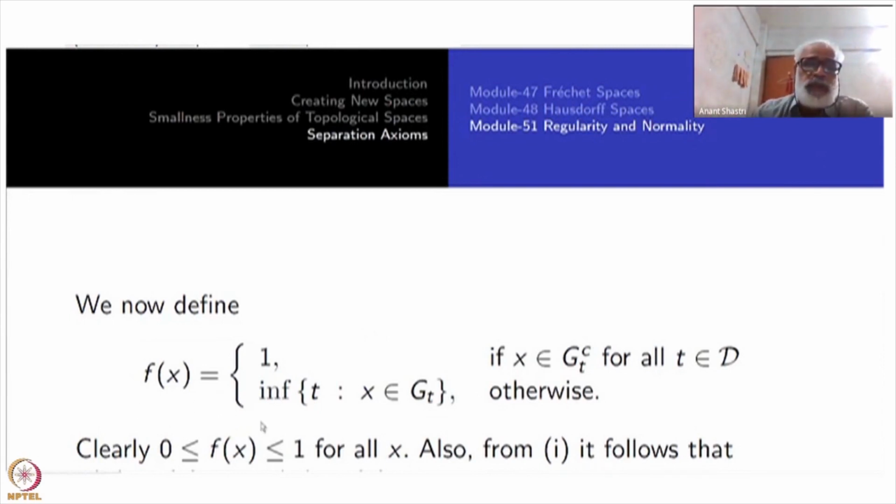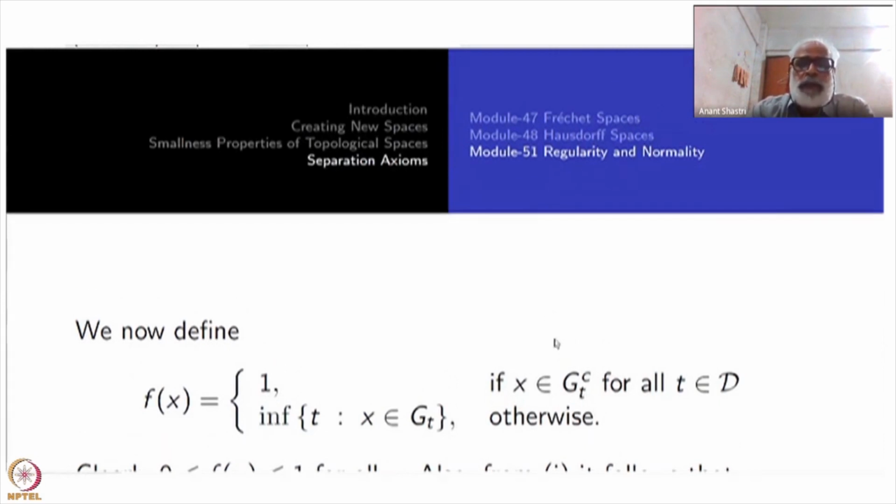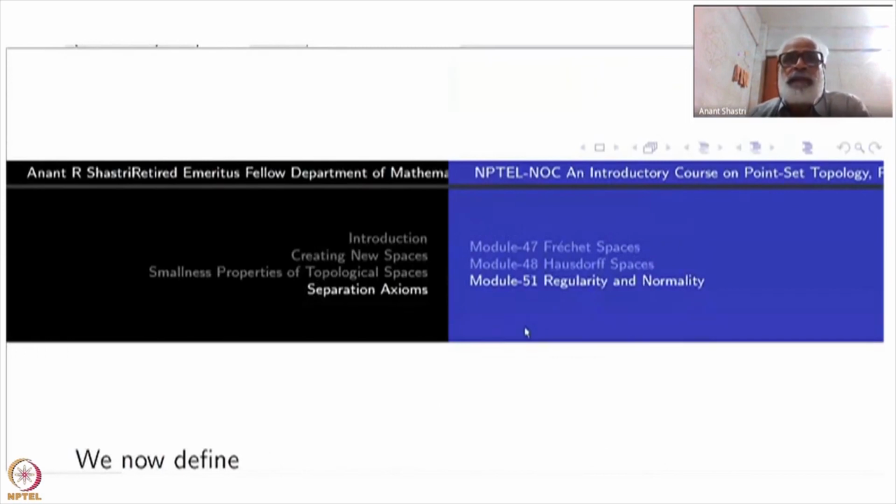So define f(x) equal to 1 if x is in G_t complement for all t. It does not belong to any of the G_t's. See, all G_t's are inside what?